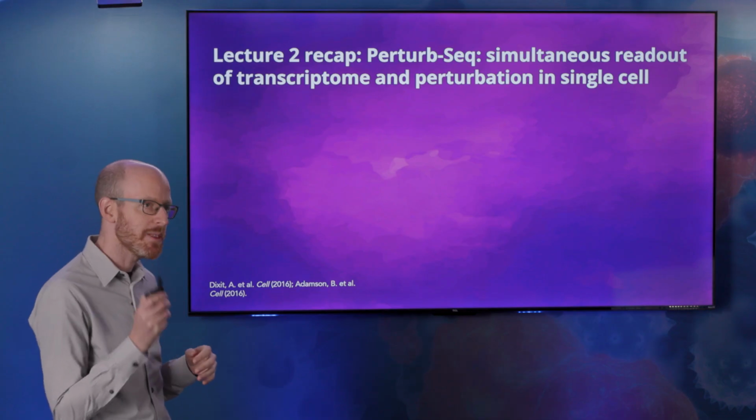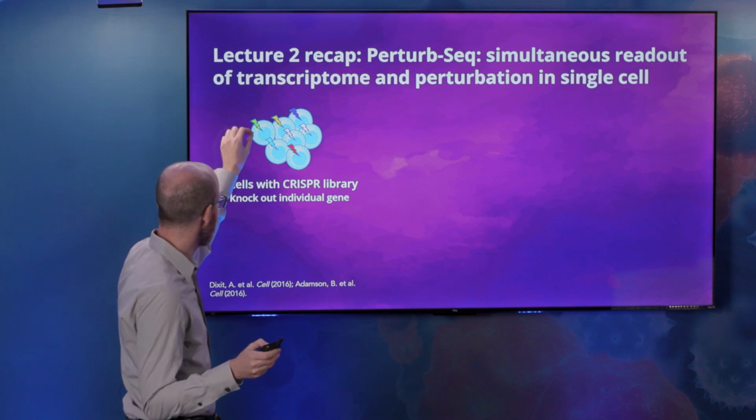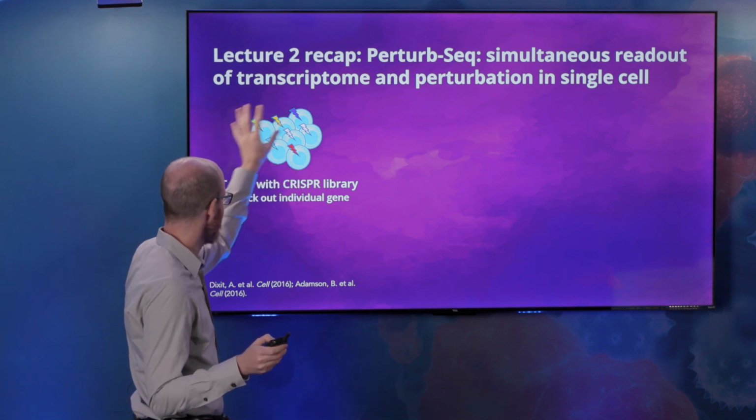And in the second lecture, we introduced Perturb-seq, which allows us to do a simultaneous readout of the gene expression in a single cell, as well as the perturbation that cell received. And how that worked is we used the CRISPR-Cas9 gene editing technology to knock out individual genes in the T cells in parallel.